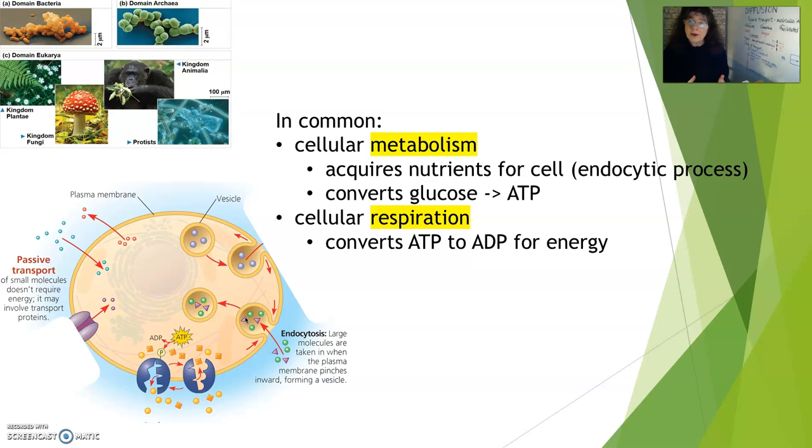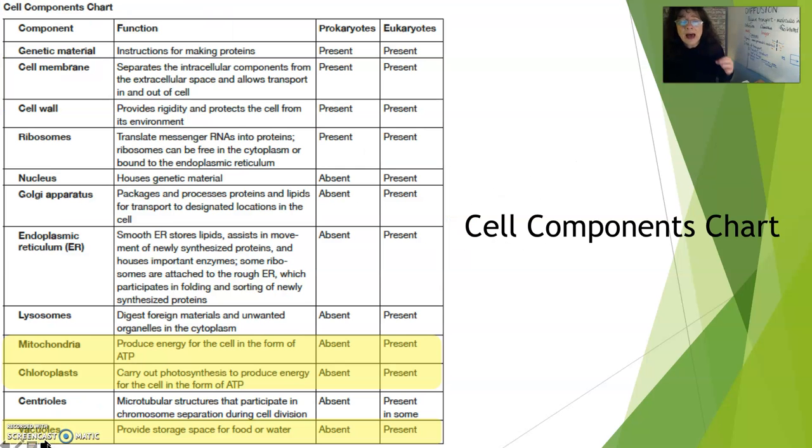For prokaryotic cells, that's simply in the cytoplasm. These cells are so small that these areas in the cell are so close to each other that the metabolism and the respiration is done simply in the cytoplasm itself. With eukaryotes and the higher level cells, that moved into organelles, which had their own membranes as well.